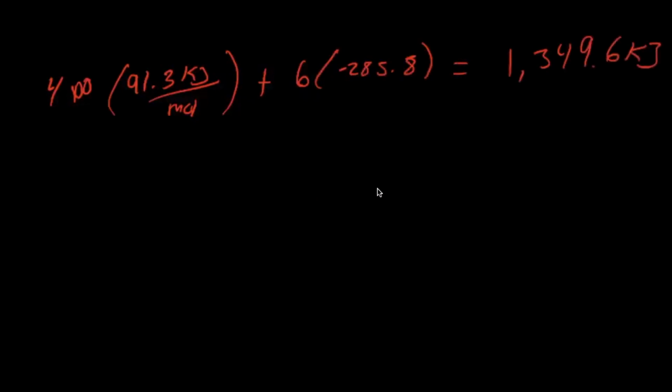So once again, I want to remind you that the reaction is 4NH3 gas plus 5 O2 gas yields 4NO gas plus 6H2O liquid. Notice that we have your products and it should be a negative number.